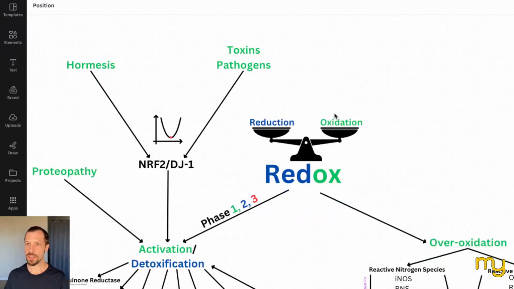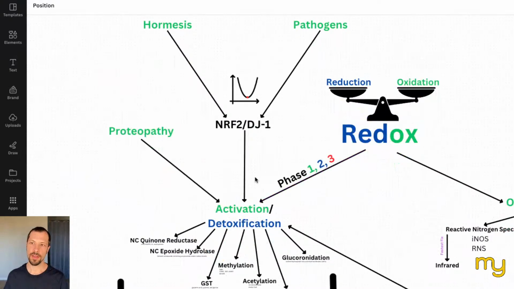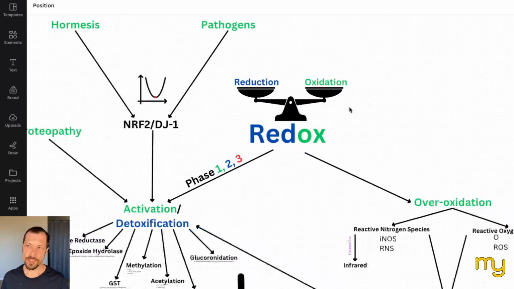So redox in a healthy individual happens through a process called activation and detoxification. And activation and detoxification, put simply, is built into three separate ways here. All right, so just to recap real quick, we have reduction and oxidation. Reduction is the adding of electrons.